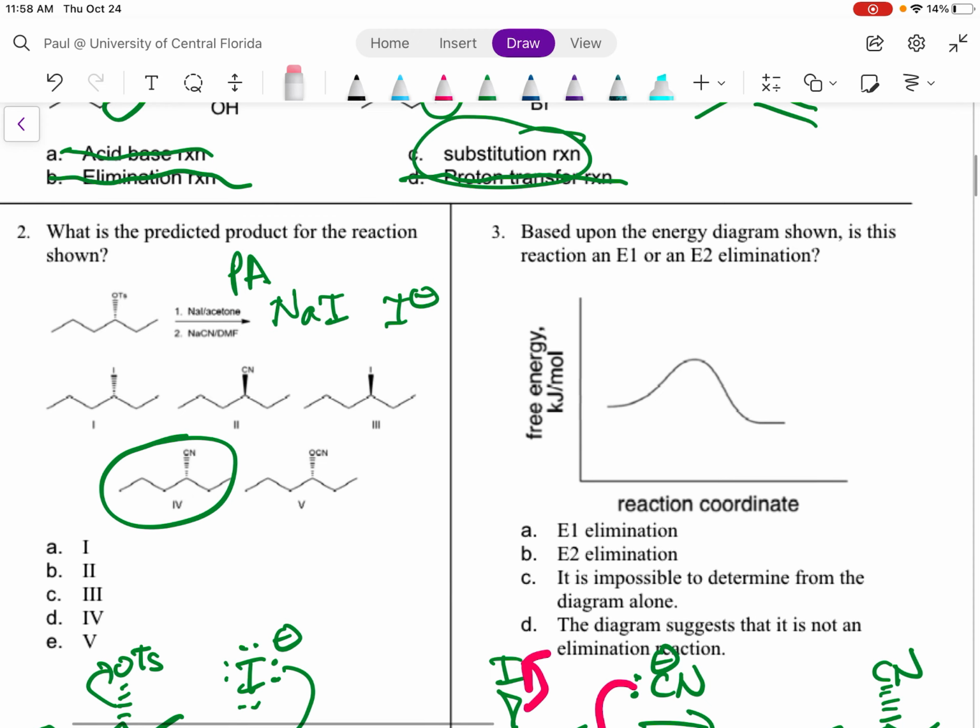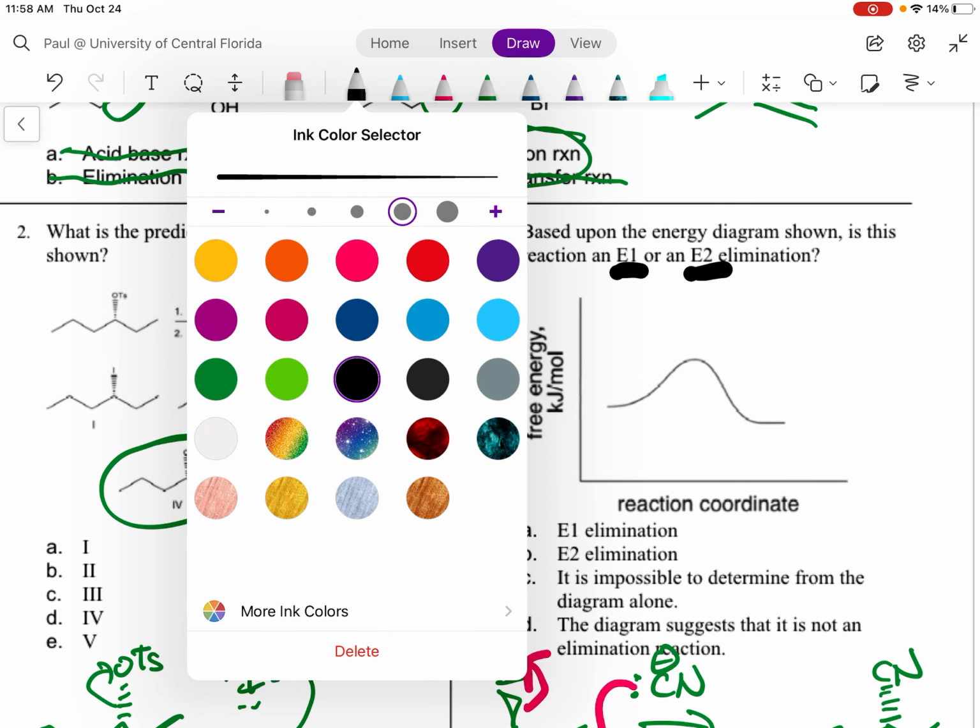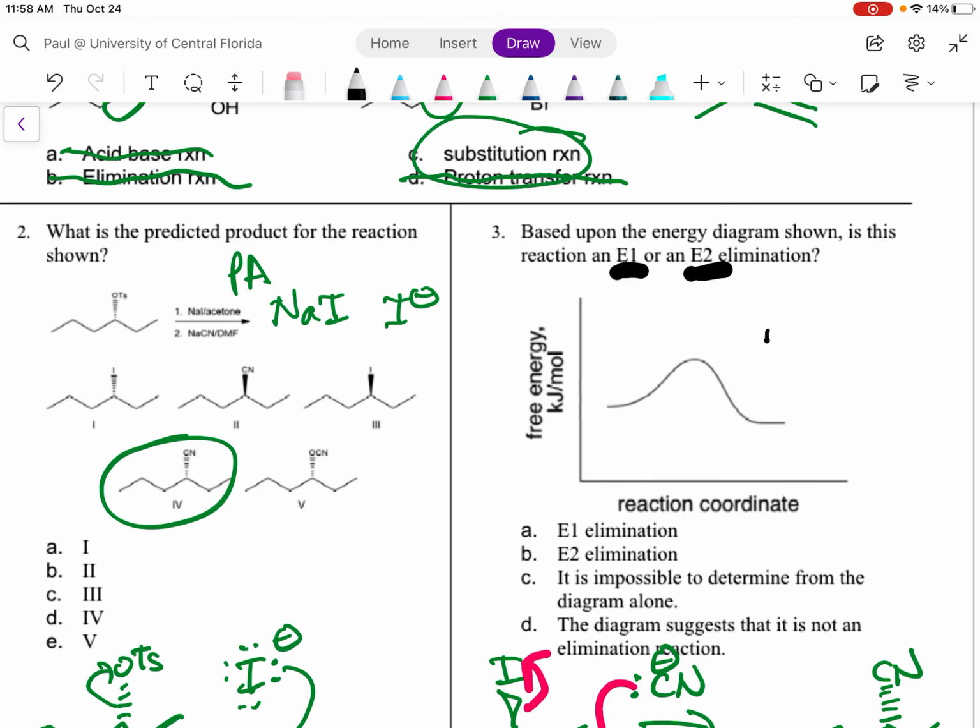Question 3, it specified that we had an E1 and an E2 right there. And so substitution is off the table. And so what we realize with the E2 reaction is that it is done in a concerted fashion, or in one step. And if we have only one step, then we should only have one transition state.